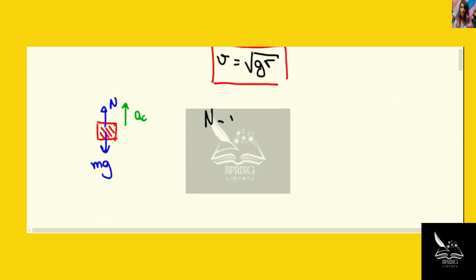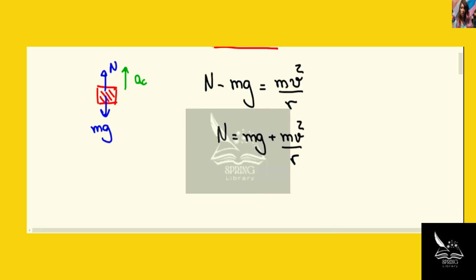So we have that n minus mg is equal to m times v squared over r. Okay, and the normal force will be mg plus mv squared over r.